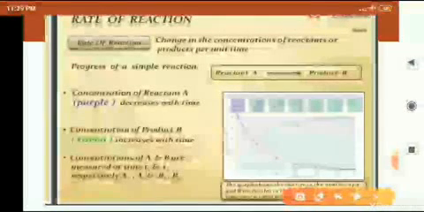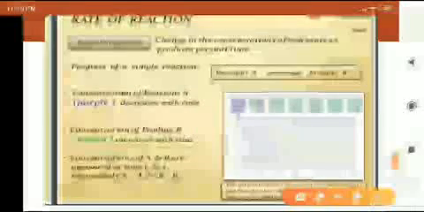The rate of the reaction is the speed with which reactants are converted into products. Rate of the reaction can be defined as the change in concentration of any one of the reactants or products per unit time. We can express it in terms of reactants and in terms of products.